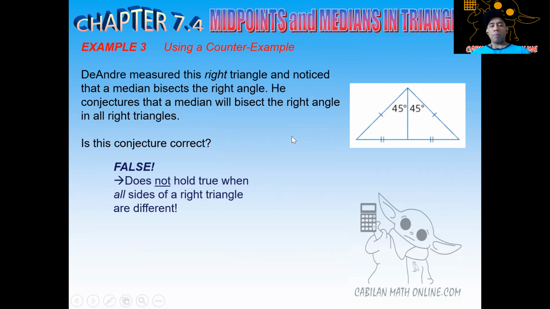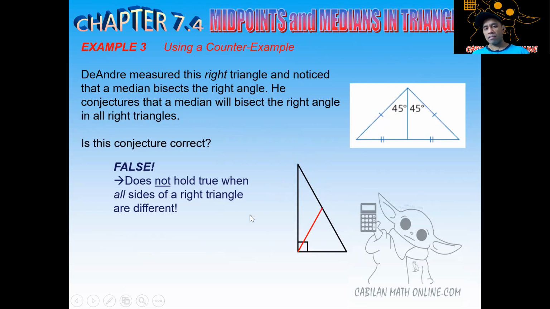For example, I had you draw a triangle where all three sides were different. When you took the midpoint of the longest side and drew it to the corner of the box, most of you probably drew a line such that it cut through the box somewhere else, not in the middle.